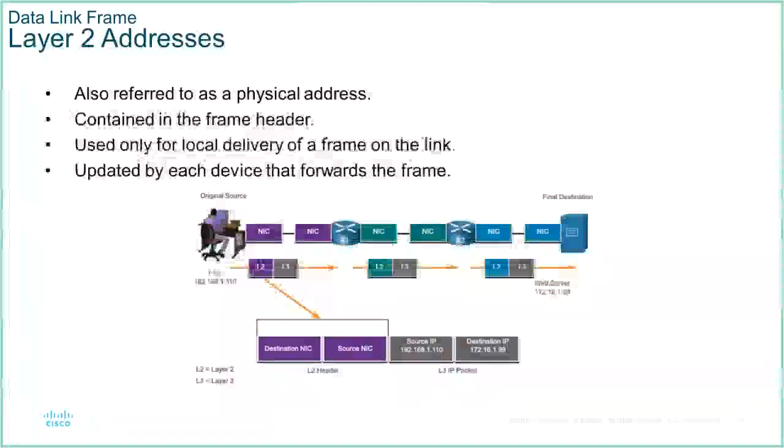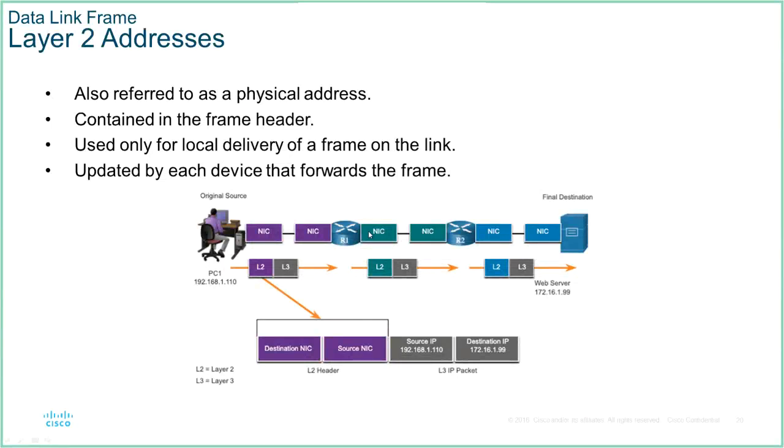Now this is where the per hop can get a little bit confusing for people. So when we originally send information from layer 3, it's going, this is the original source and this is the final destination. That is our layer 3 addressing. Source, destination, layer 3.